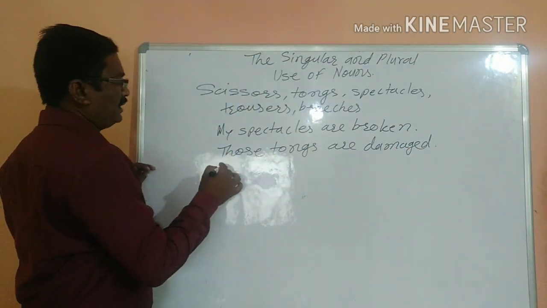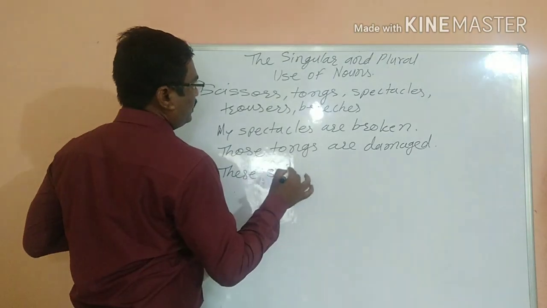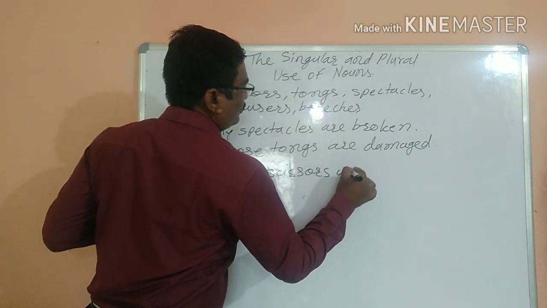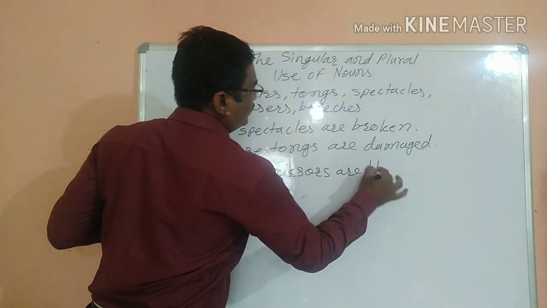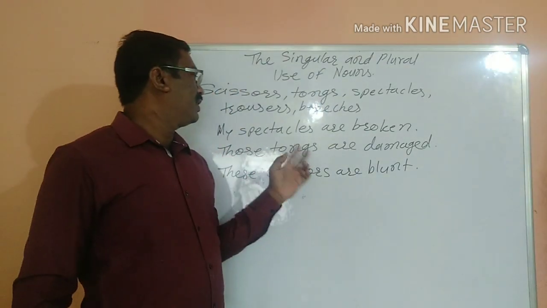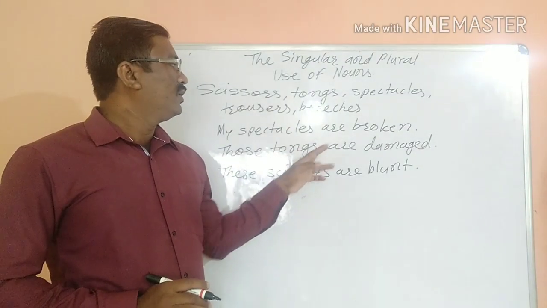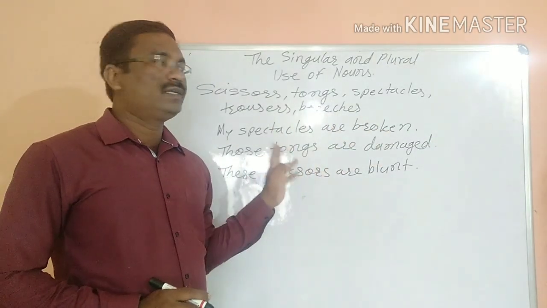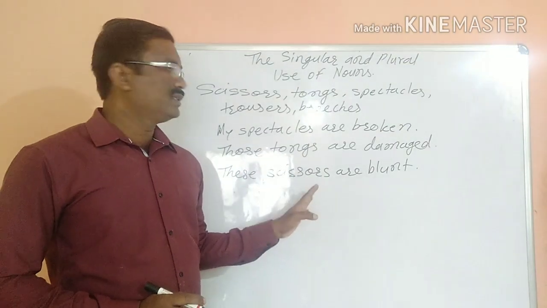These scissors are blunt. These scissors are blunt. So tongs, spectacles, which are things made of two parts, we should use as plural. You can't use them as a singular. Understood? Any doubt in this?